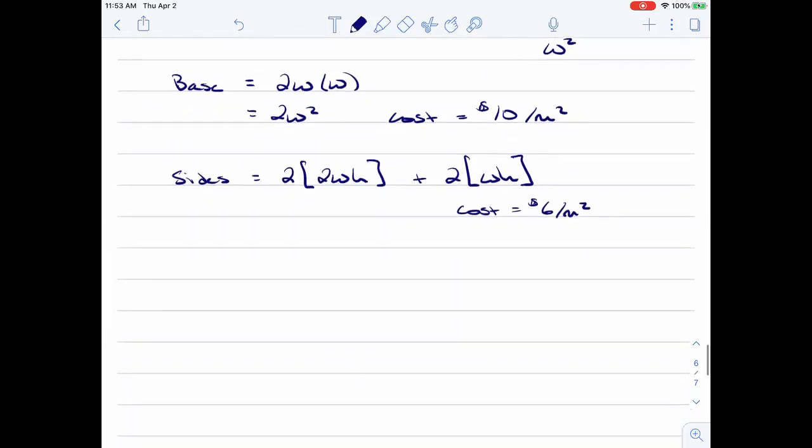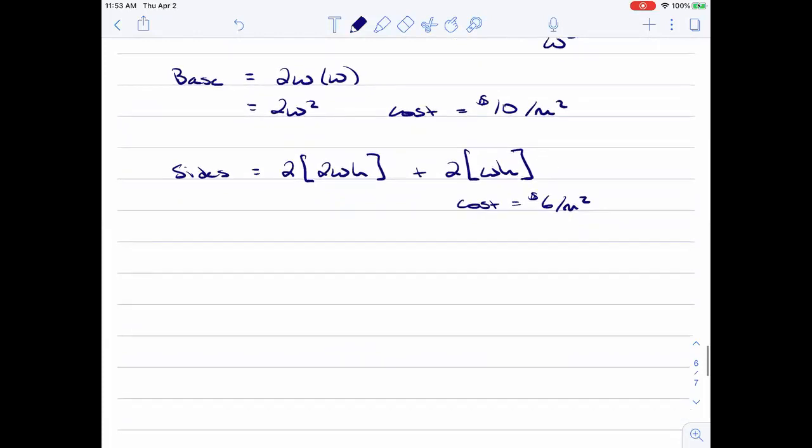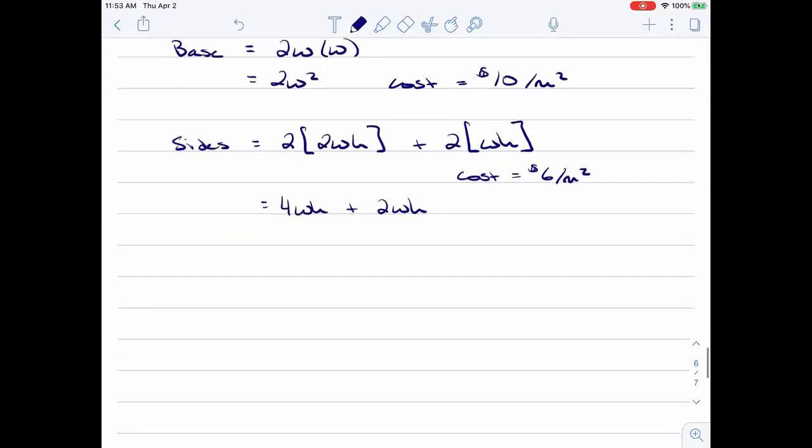Okay. We can expand this and simplify. So the sides must be 4wh plus 2wh, so we must get 6wh. Right?